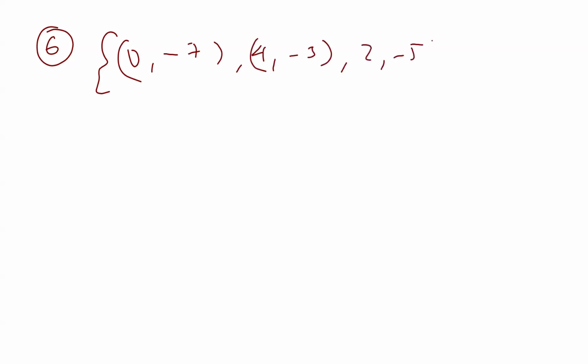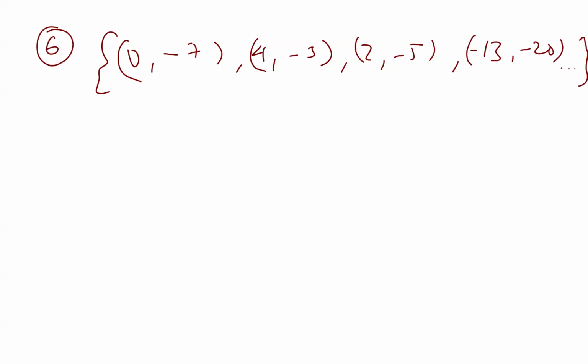So they have given 0 comma minus 7, 4 comma minus 3, then 2 comma minus 5, and then minus 13 comma minus 20, and then it's an infinite relation, because they have mentioned dot dot dot.